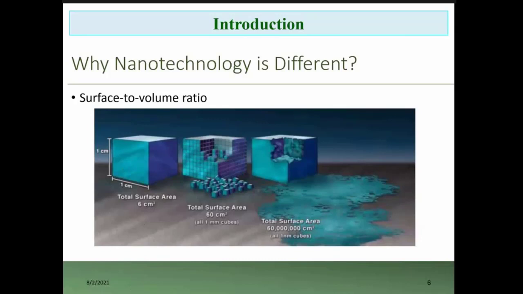Now, if I divide this bulk material into several smaller cubes, the number of surfaces in that bulk material will increase, so naturally the surface area will also increase. If I break that bulk cube into further smaller sections, the surface area will increase dramatically.